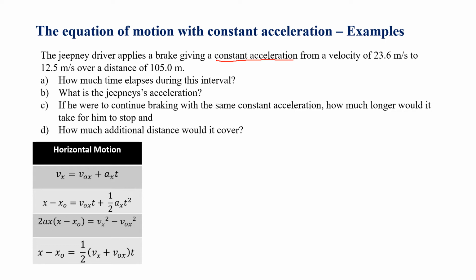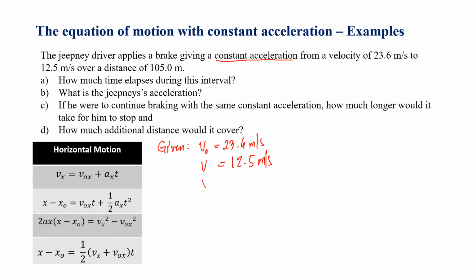The jeepney driver applies a brake giving a constant acceleration from a velocity of 23.6 meters per second to a velocity of 12.5 meters per second over a distance of 105 meters. Here, our givens are: we have your initial velocity, v naught, which is equal to 23.6 meters per second, your final velocity of 12.5 meters per second, and we are given a total distance covered of 105 meters.